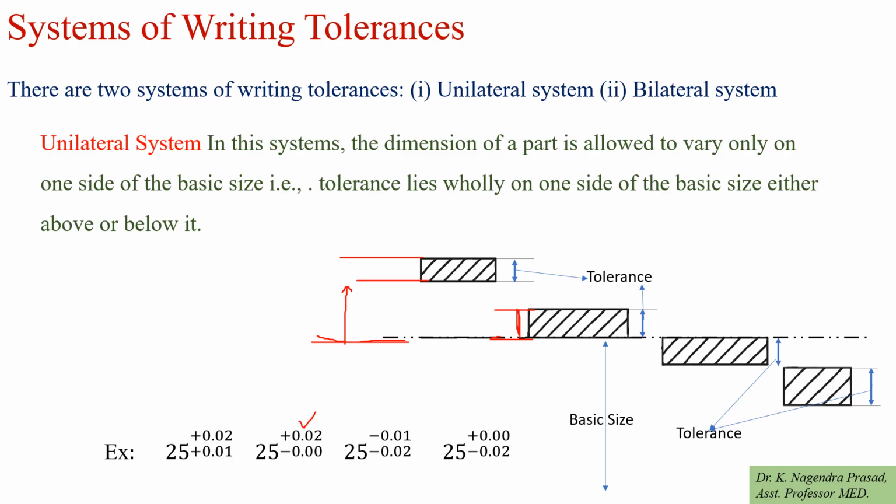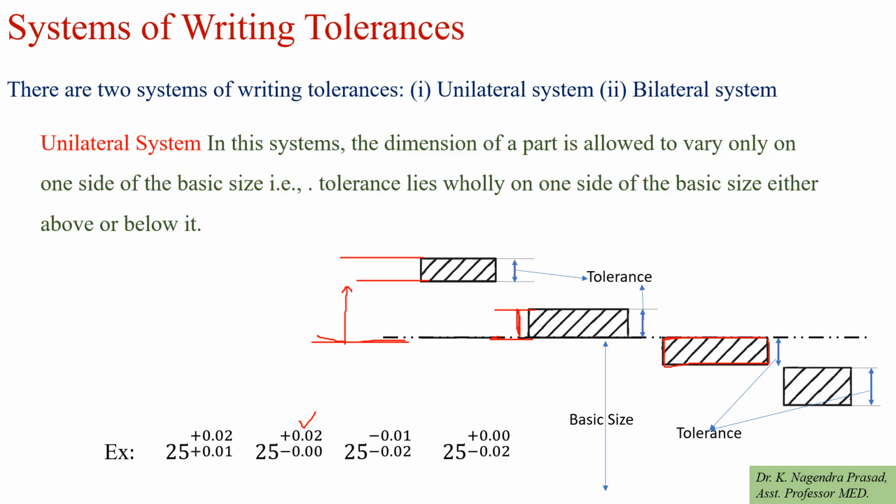Let's look at another example. Let's take the dimensions of the part: the upper limit is 25 mm and the lower limit is 25 minus 0.02, which is 24.98.